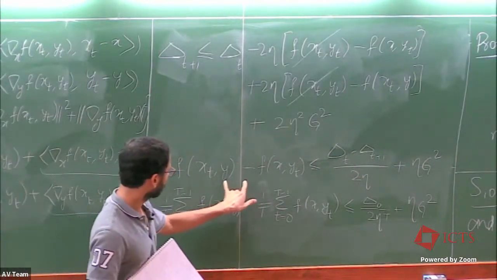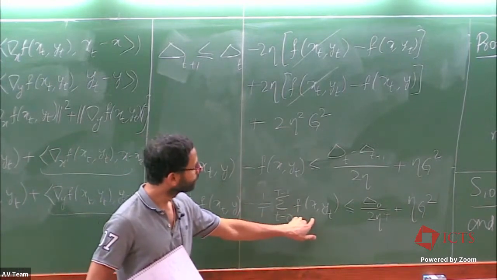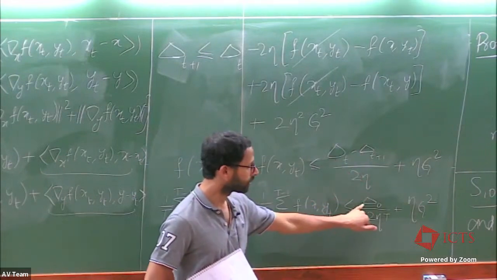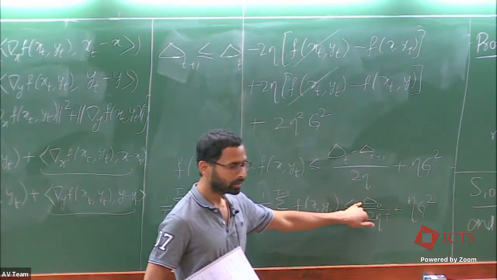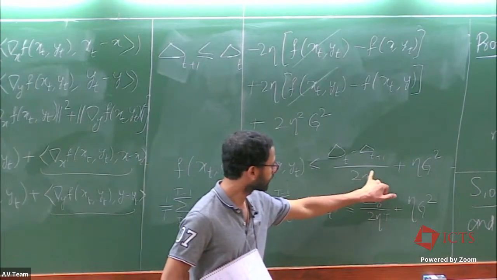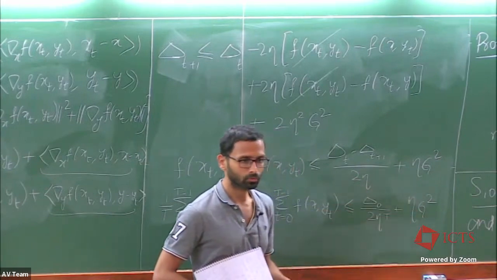So this one, we are just taking an average, that's this one. This term, we're taking an average, that's this term. And when we take an average of this, all the terms cancel except for delta 0. So that's this one. And we have a 1 over t that comes up here. So that's this. And this one, when we take an average, we just get eta g squared.